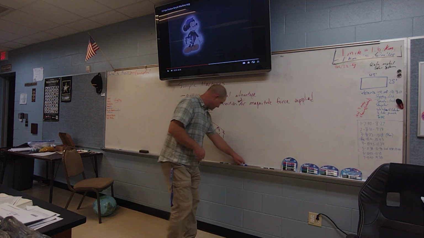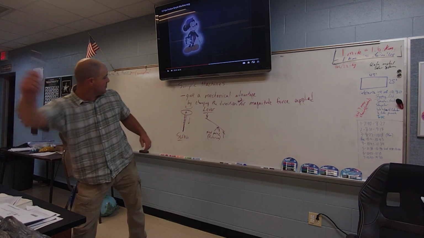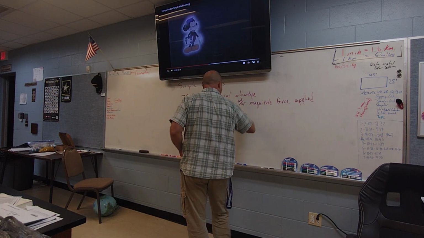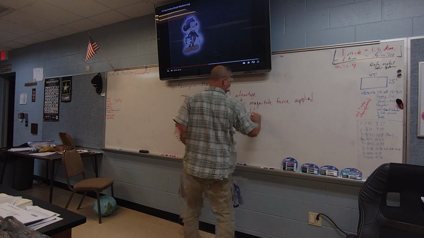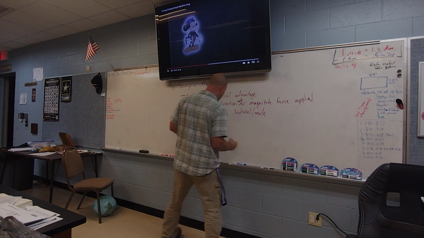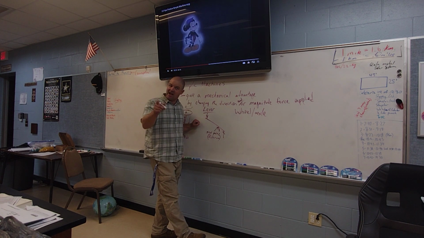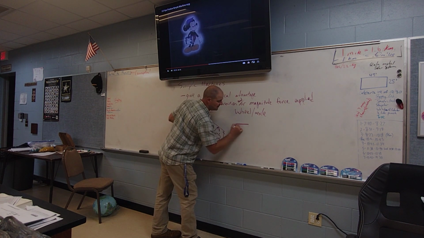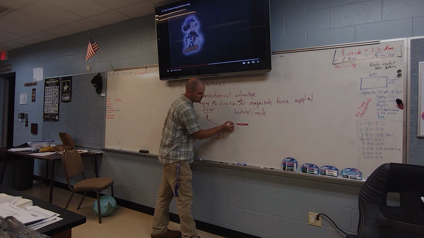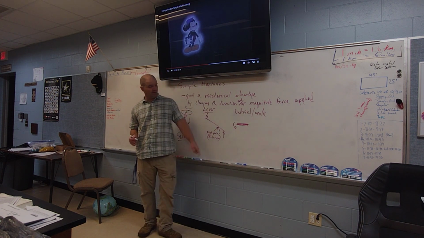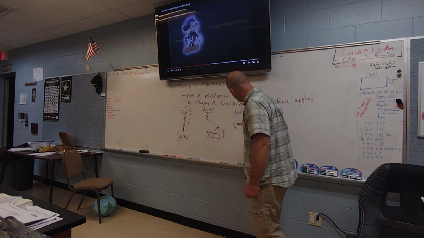Let's just keep going. Wheel. Good. Oop, I'm switching colors. Wheel axle combo. So usually the force is input, it doesn't have to be, but sometimes the force is applied on the axle. And again, it's a rotational force. And then that axle is attached to your wheel.